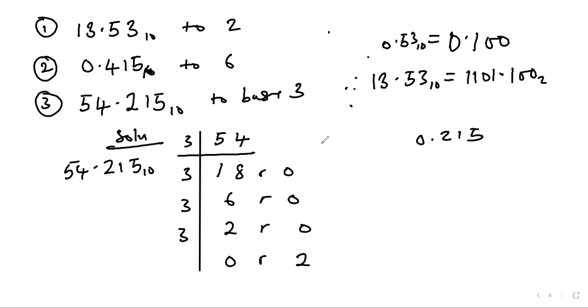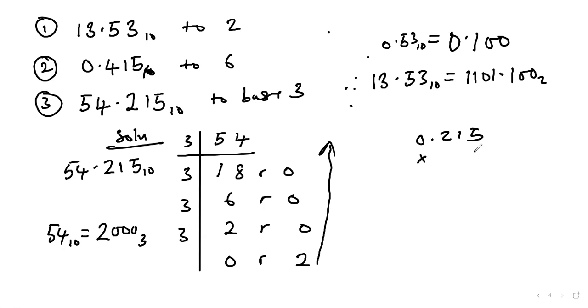So you read it from bottom to top. So that 54 base 10 is equal to what? 2000 base 3.